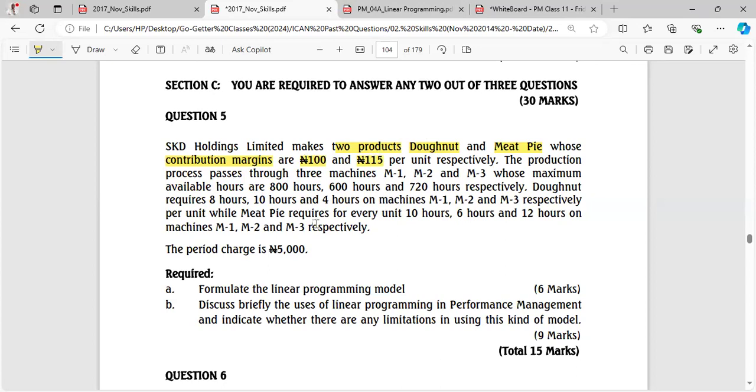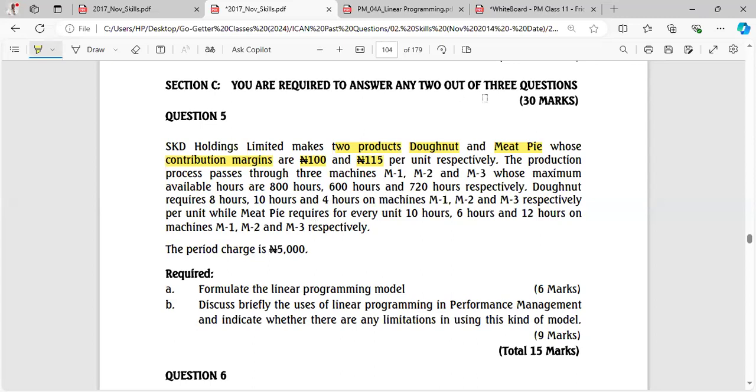It could be that the selling price is 250 and the variable cost is 150. What it gives you is a contribution margin of 100. That is what we are after. We care about the contribution. Now, meat pie is contributing 115 naira per unit.